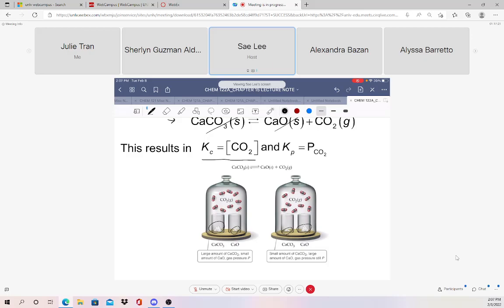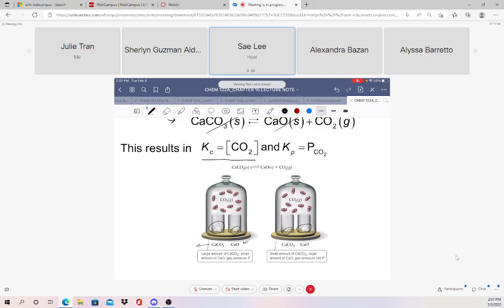Their amount varies. However, their concentration does not fluctuate. Calcium carbonate will have the same concentration no matter what. Calcium oxide will have the same concentration no matter what. So the concentrations for pure solids and pure liquids do not vary with the amount.